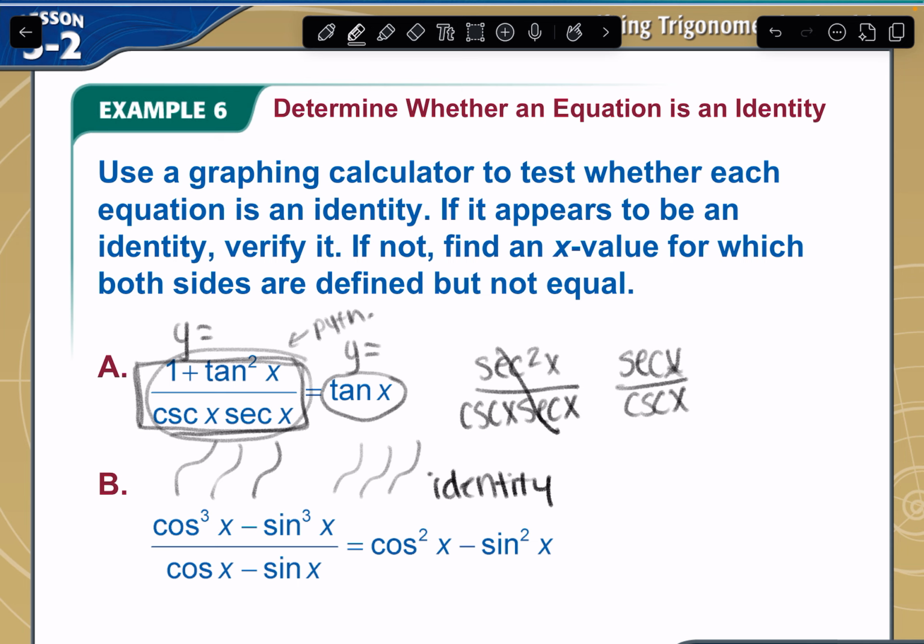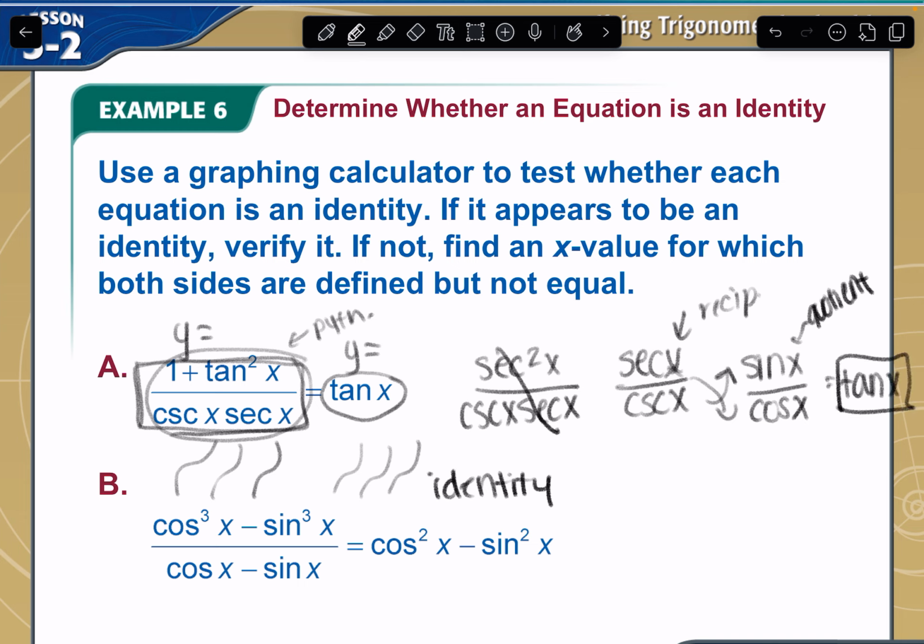Thinking about reciprocal identity, secant is the reciprocal of cosine, cosecant is the reciprocal of sine. I have sine over cosine, so this was reciprocal identity. This is then quotient identity. Sine over cosine is equal to tangent, which is what I have. So I got back to what my goal was.